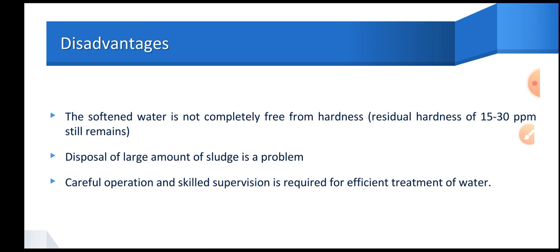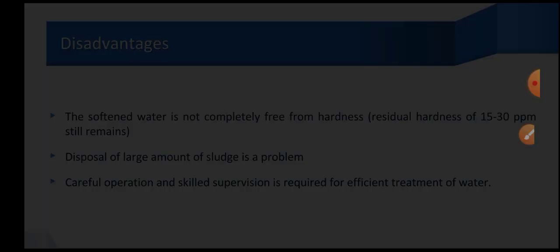Disposal of a large amount of sludge is a problem. That is, after the chemical reaction we usually get a large amount of sludge, so sludge disposal is a problem after the operation. Careful operation and skilled supervision is required for efficient treatment of water. So this process requires careful observation.